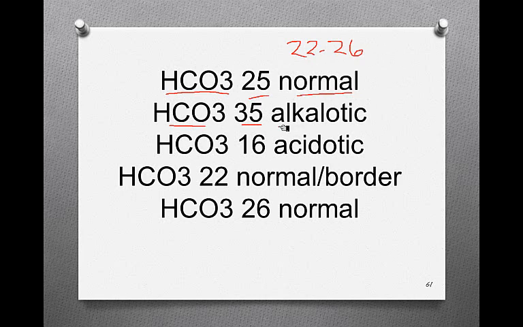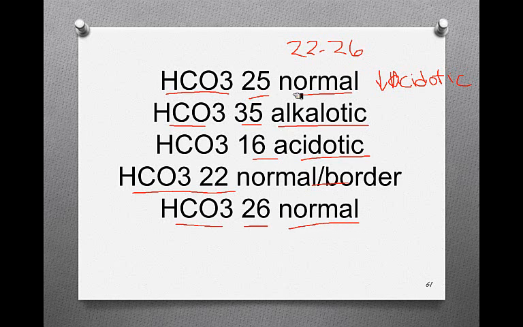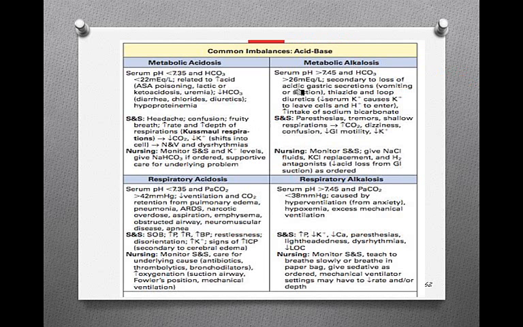Bicarb of 35 is alkalotic. Low is acidotic. It follows pH. Bicarb 22 is normal or borderline, and bicarb 26 is normal or borderline high. We're going to go back to this in a minute.